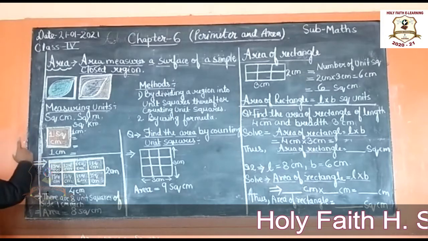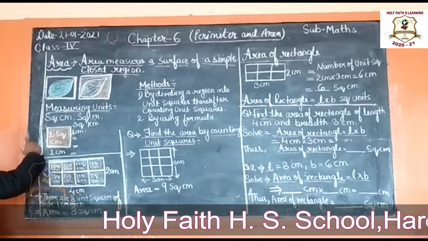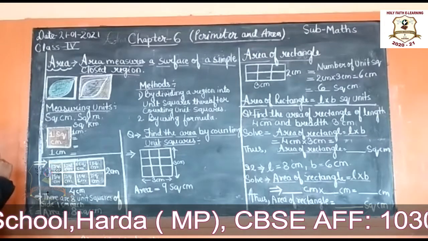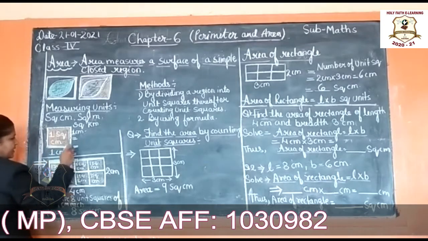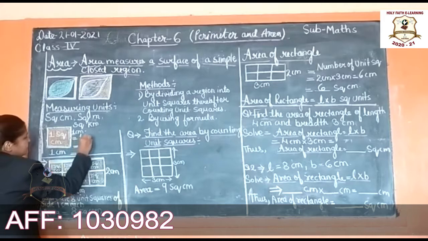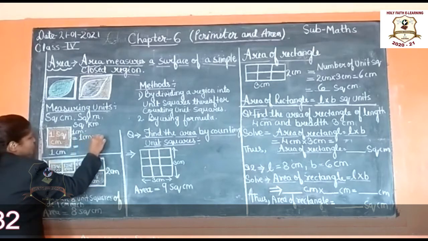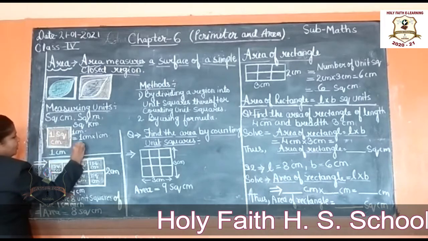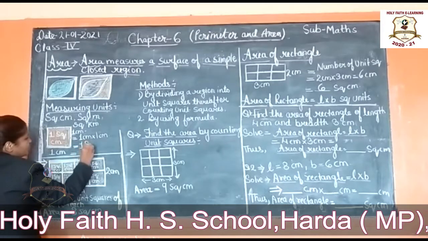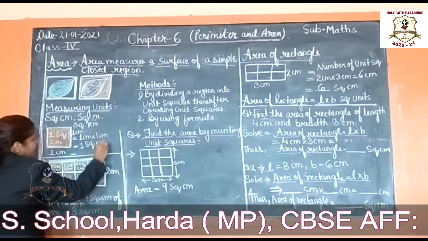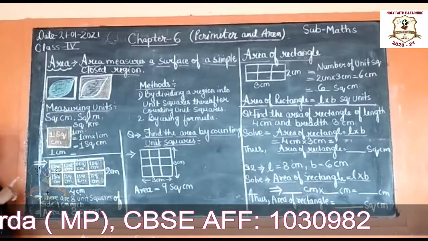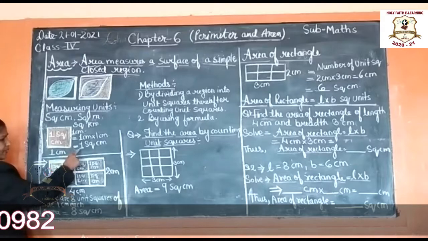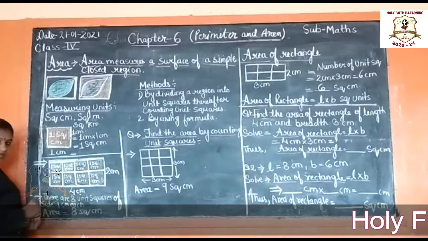So if the side of a square is 1 centimeter, the area of this square is 1 centimeter into 1 centimeter, equal to 1 square centimeter. So we can say that the area of this given figure is 1 square centimeter.